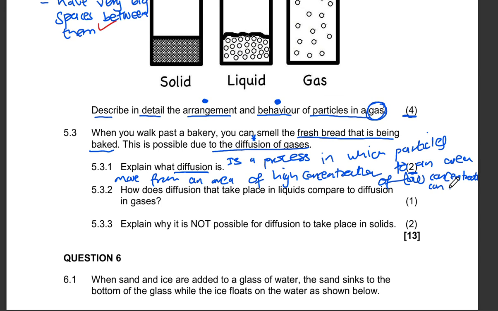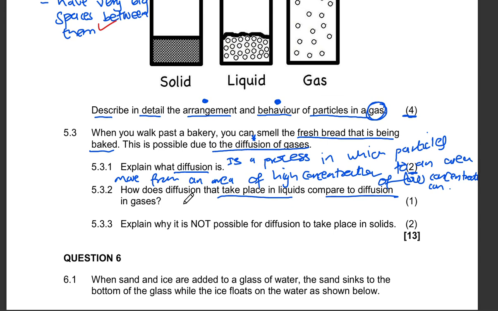Then, how does diffusion that takes place in liquids compare to diffusion in gases?